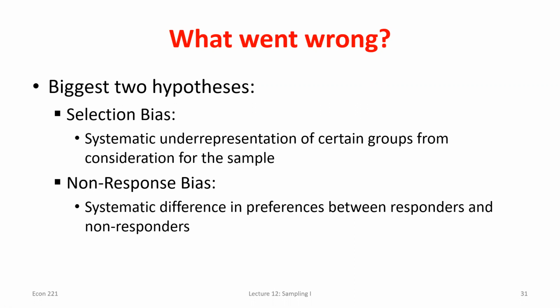So even if I sent 5 million to Republicans and 5 million to Democrats, if the Republicans' response rate was much higher to this survey than the Democrats', I'm going to end up with a sample that has way more Republicans than the breakdown of the population. Because at any one point in time, we've got about a 50-50 breakdown between Republicans and Democrats. That's why we continuously go back and forth between presidents from the different political groups. So this is a selection and non-response bias.